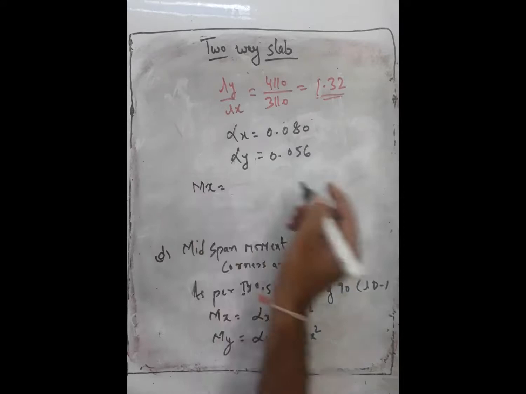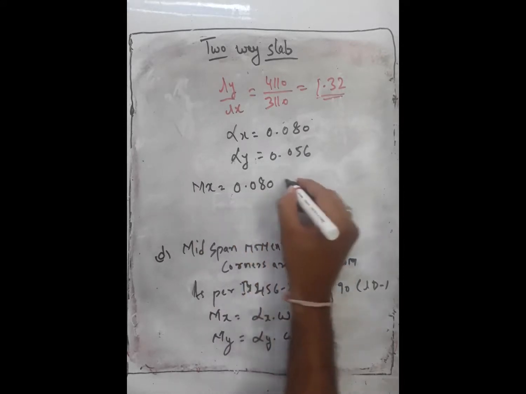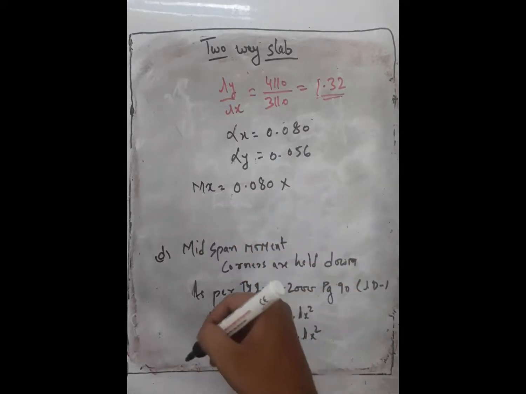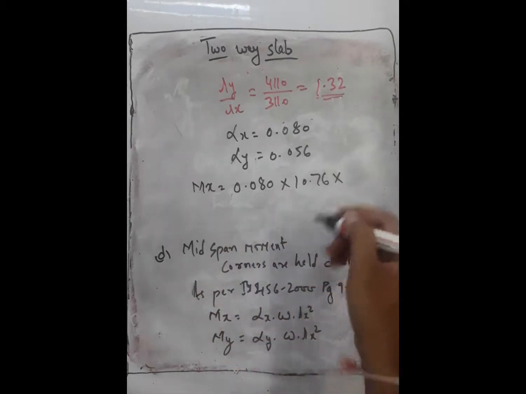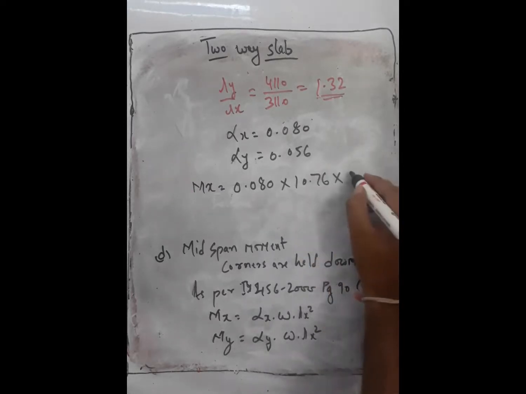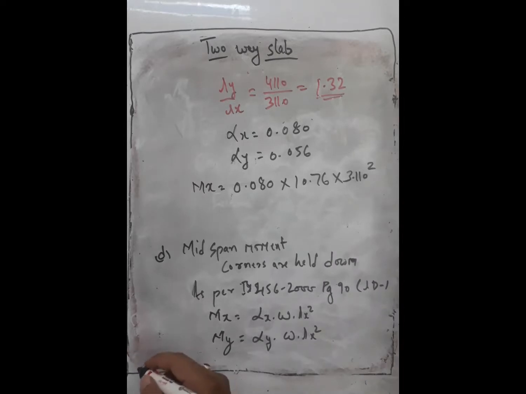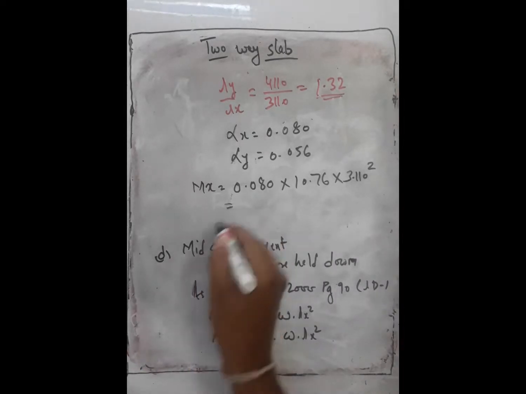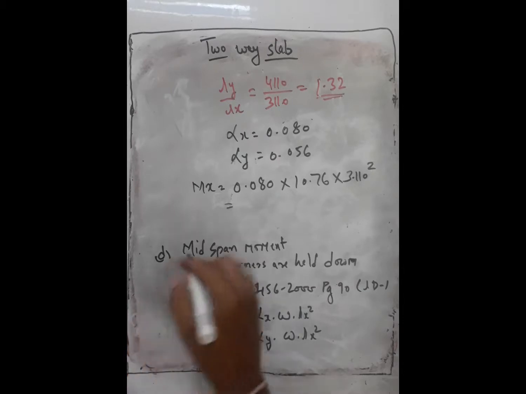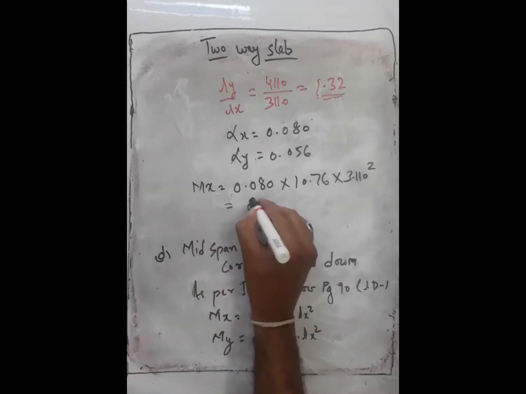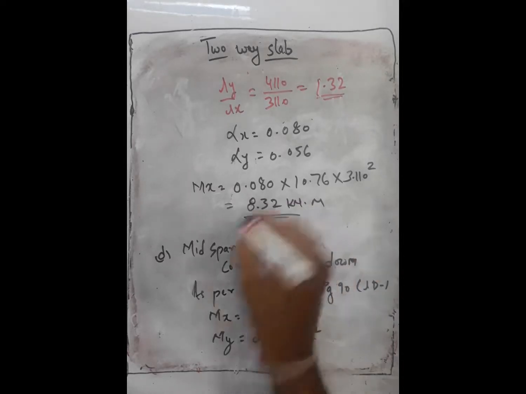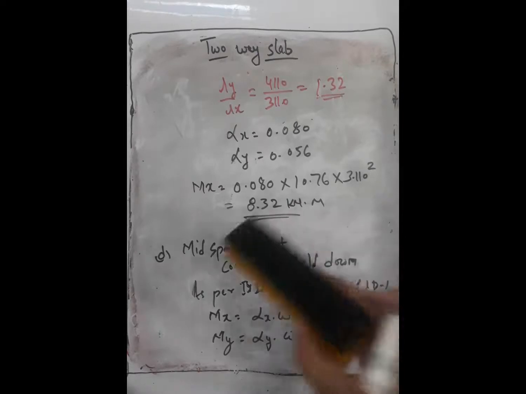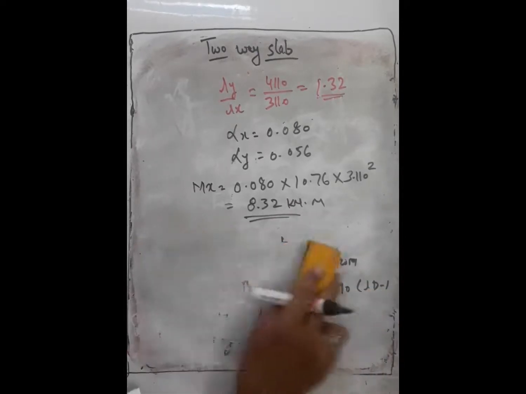So Mx is equal to 0.080 into w, and we already found w is 10.76, into Lx, which is 3110, meaning 3.110, square. Okay, so after solving this you get 8.32 kilonewton meter as the moment. In the same way you have to find for My.